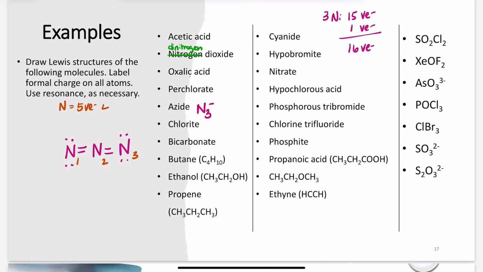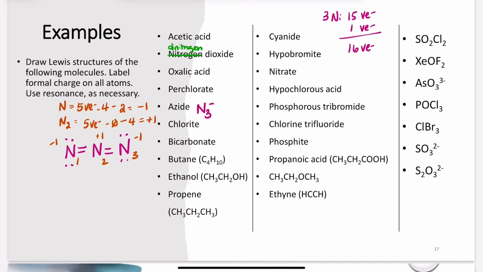N1 and N3 each have 4 electrons involved in lone pairs and 2 bonds. So each one of these is a -1 charge. And N2 in the center, 5 valence electrons, no lone pairs, and 4 bonds, a +1 charge. So overall, it matches. Overall, -1 plus 1 plus -1 gives me that -1 charge.